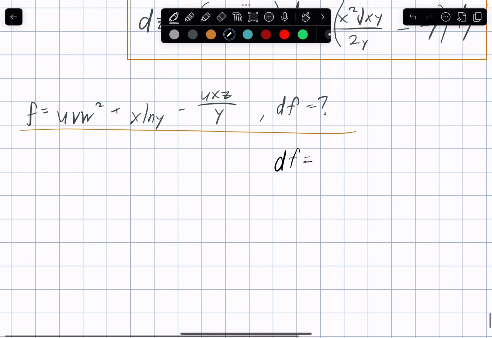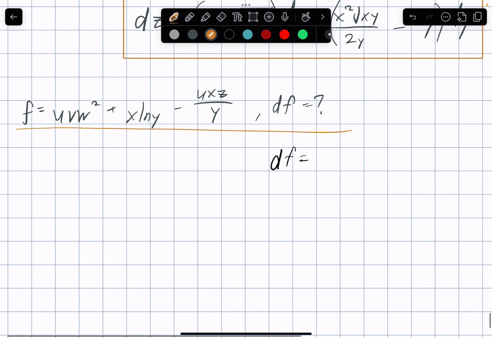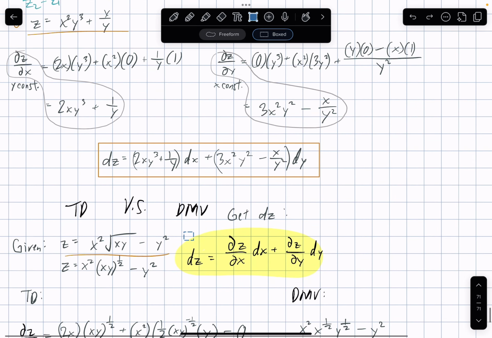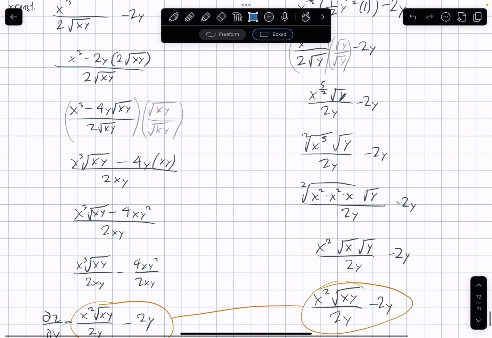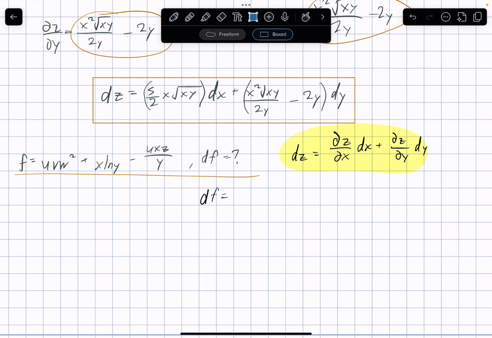So what are all the variables that we are dealing with right now? u, v, w, x, y, and z. Right? So coming from this formula, how do we modify it in the context of what we're given? So we're basically going to write something like this for every variable. So let me show you.